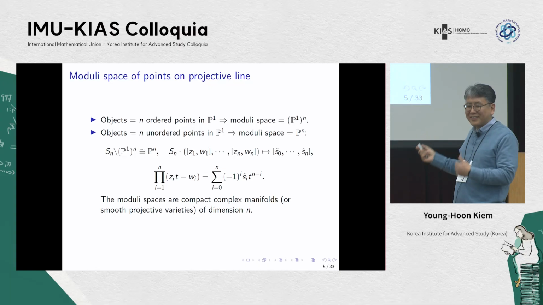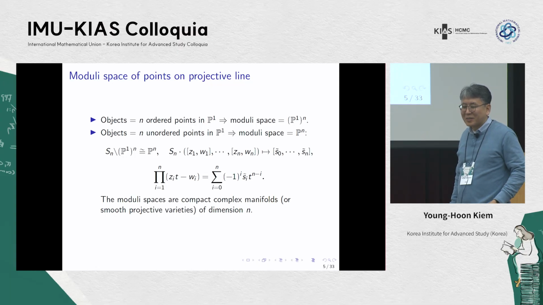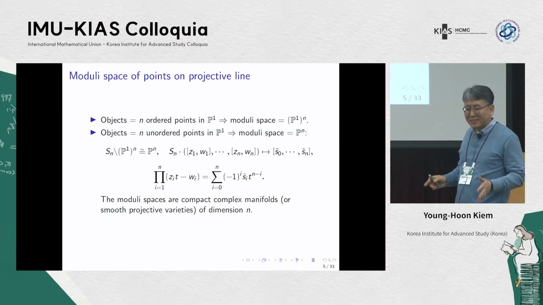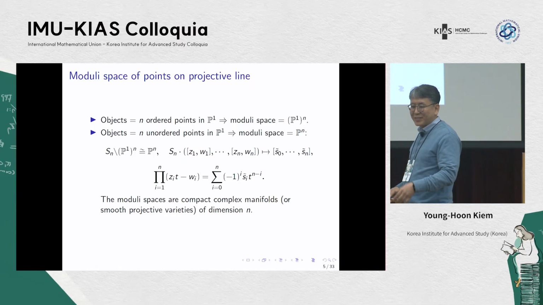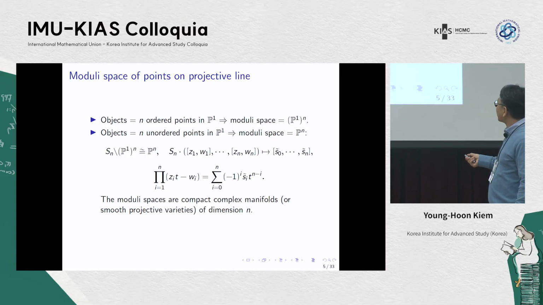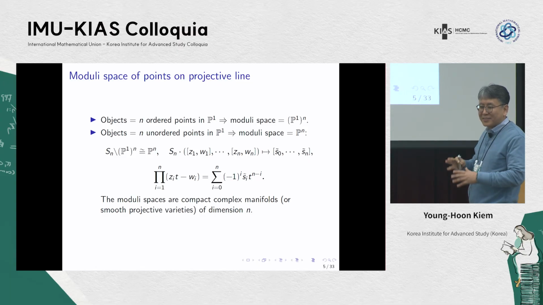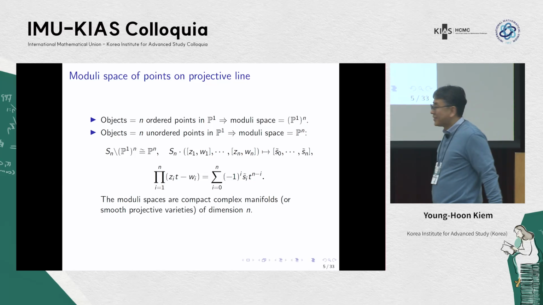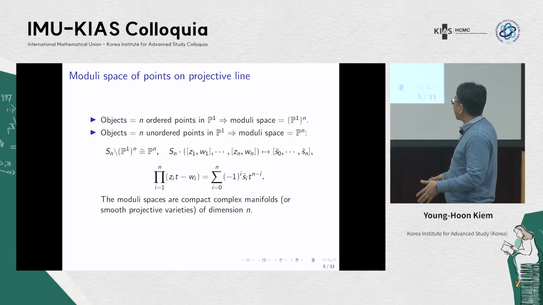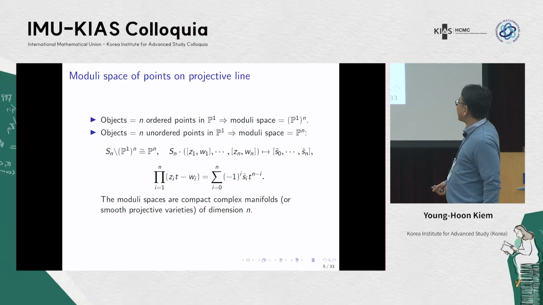It's just Pn. Yeah. So there's an orbifold structure behind it, but let's not worry about this at this point. Yeah, that's a good point. So as an orbifold or stack, this is different from Pn, but as an underlying set, they are the same. That's a fine point. I didn't want to talk about it, but it's actually important.